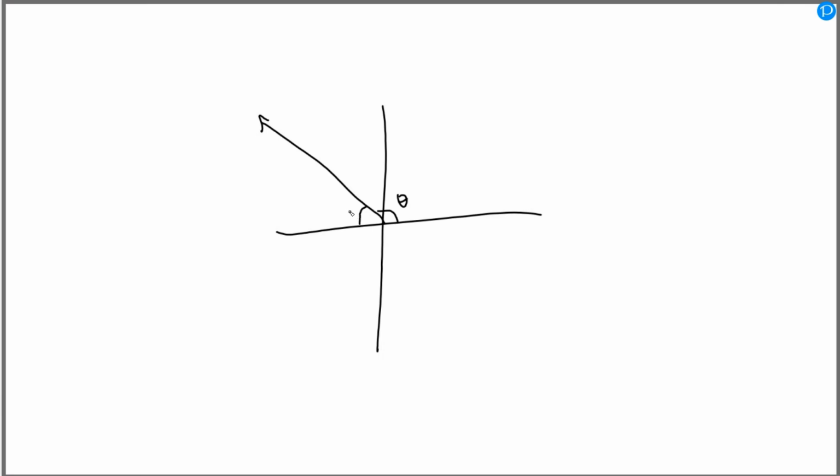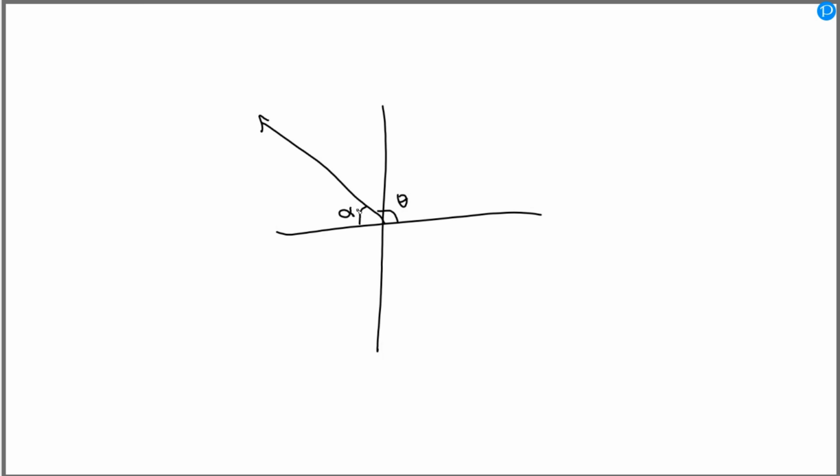So I want to take you guys back to this idea of reference angles. Okay. Say we have a ray extending this way. This is the angle theta. Let's call this the reference angle alpha.